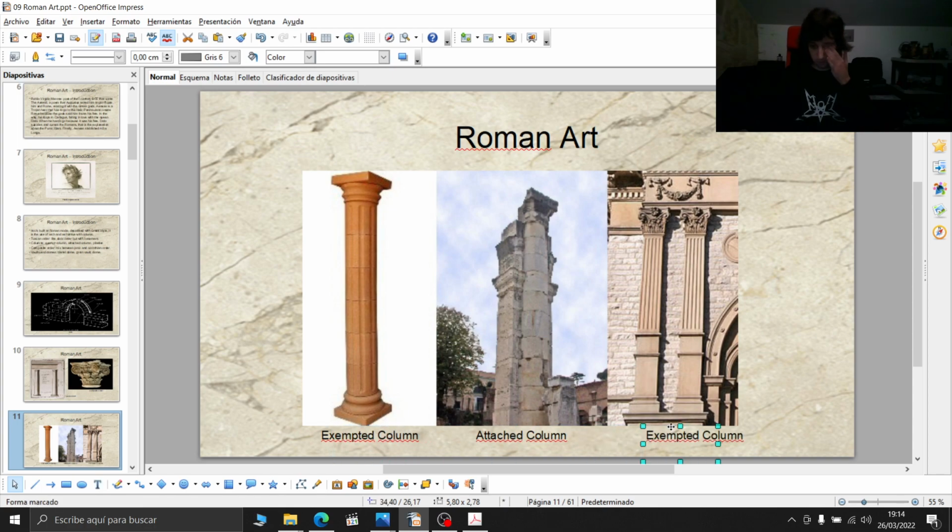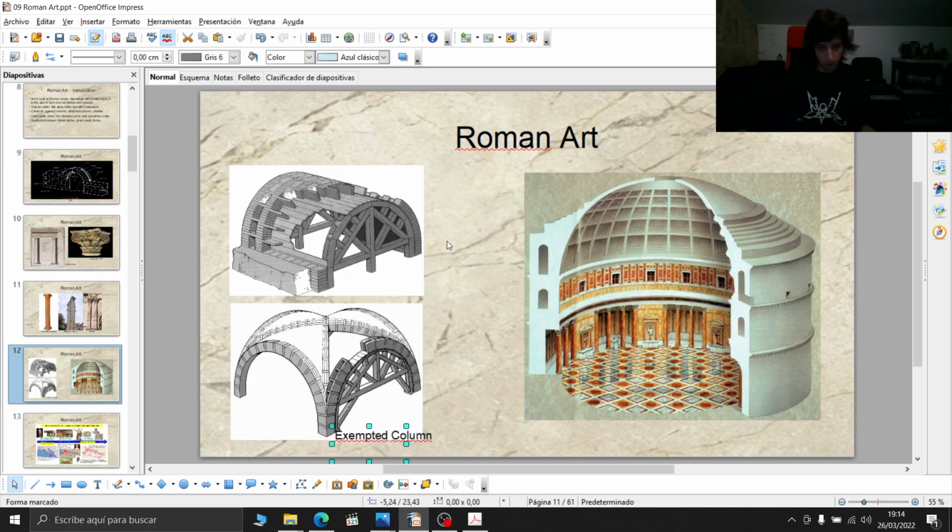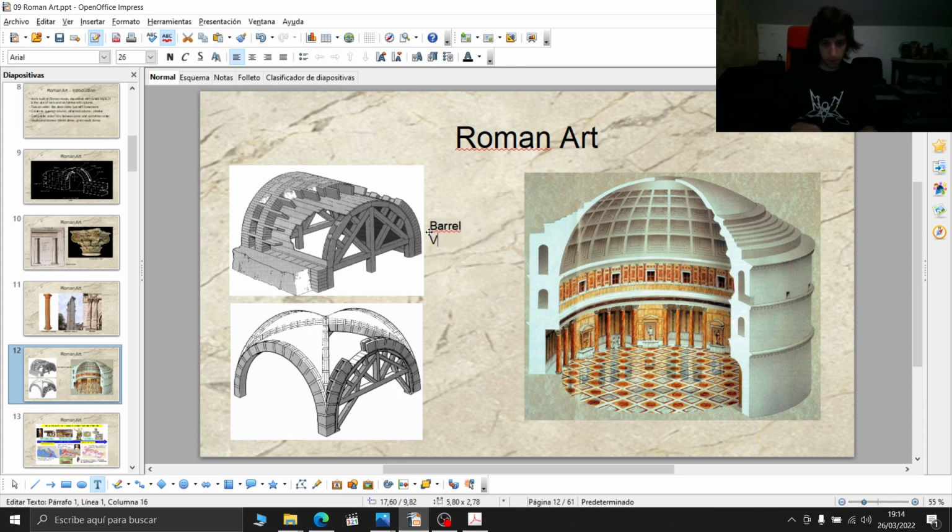Column and pilaster. And this barrel vault.